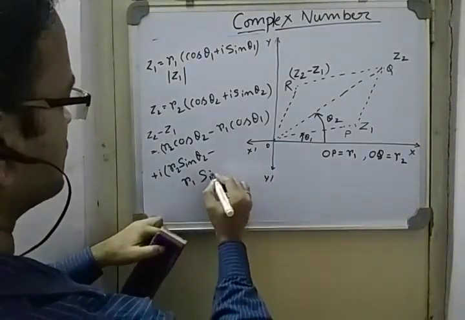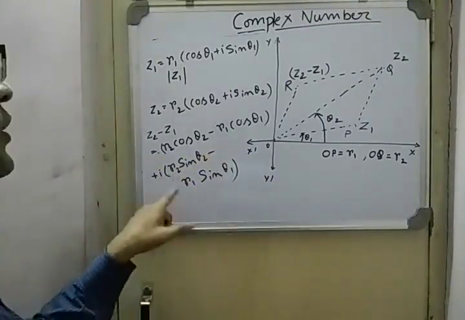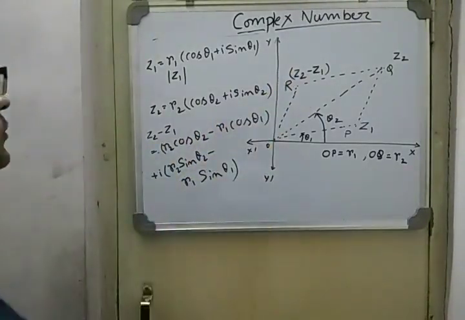Okay. So from here we get another complex number. Z2 minus Z1 is another complex number.